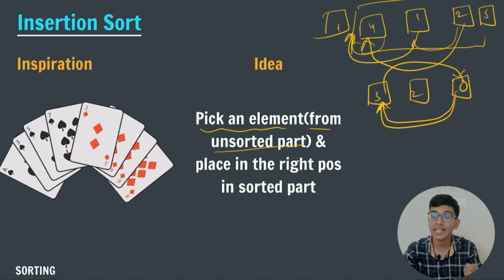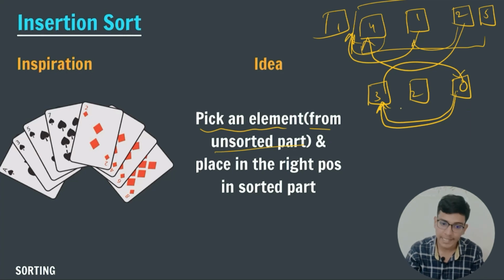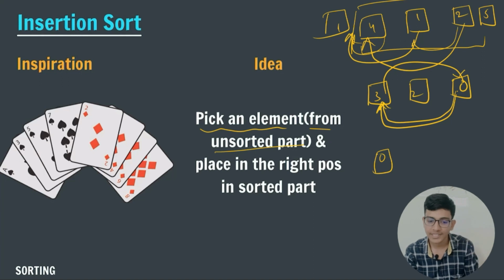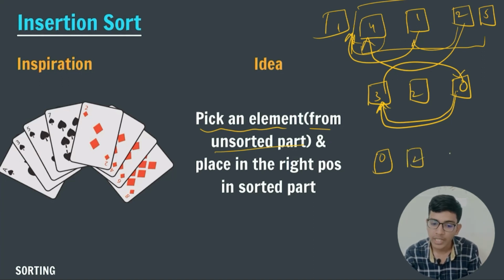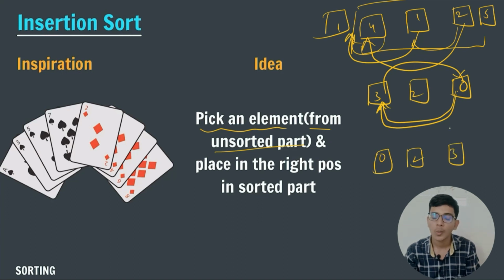But here I am picking the least element, or whatever element I want, and placing it at the respective position according to my sorting. Here I want to place 0 at the first location, so I am placing 0, replacing the values of 2 and 3. So 2 will remain here after 3. This is how picking and placing in the right position takes place.